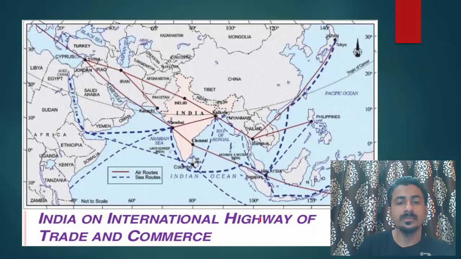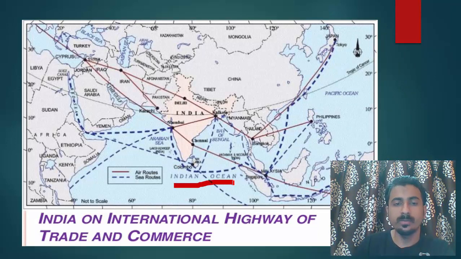Now I told you about trade and commerce, how the Indian Ocean is important to India. See, by these dotted lines they have shown you how trade occurs. Through the Red Sea, this dotted line comes to Mumbai. So what trade is happening? Oil is coming from Saudi to Mumbai. Then from Mumbai trade is going to Tanzania in Africa.